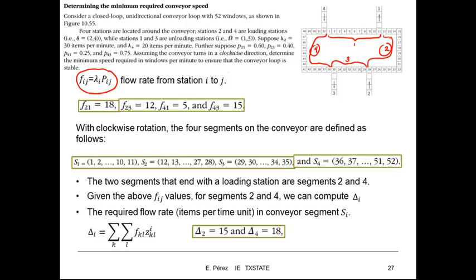Given the above Fij values for segments 2 and 4, we can compute the delta I values. The required flow rate, items per unit time, in the conveyor segment Si is computed next. So we first need to compute the delta I values, which are 15 and 18 for segments 2 and 4.